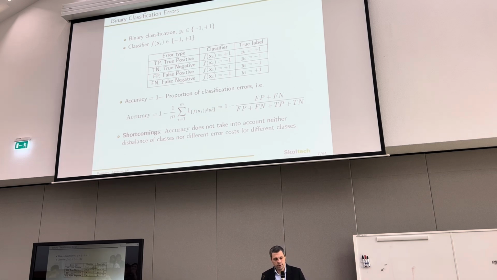In other words, the accuracy can be calculated according to this formula, where P, for example, is the total number of cases for which we get this error type, that is false positive.